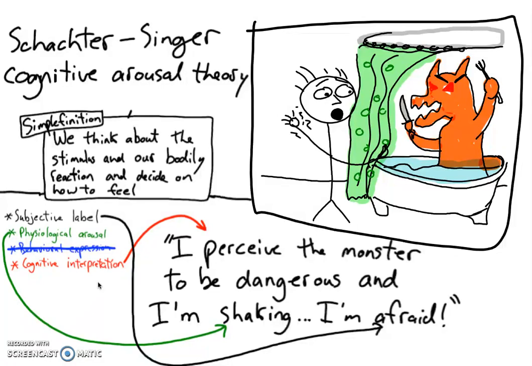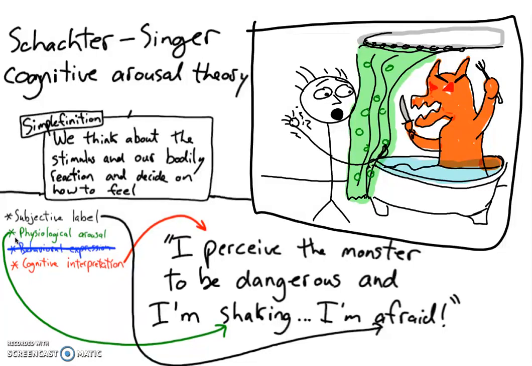Well, what does this show? It shows that the cognitive interpretation counts and that physiological arousal can be misinterpreted. That shaking, sweaty feeling inside could be interpreted as anger in a certain situation, and it could be interpreted as happiness in a different situation.